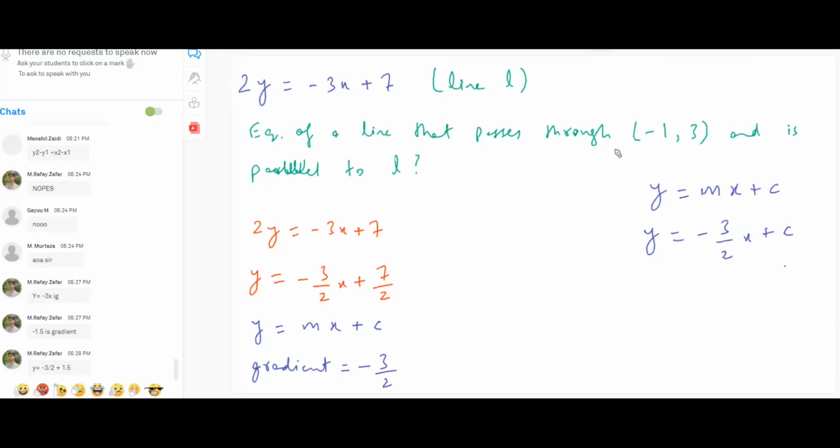ठीक है, अब हमें पता है कि ये दूसरी लाइन -1 और 3 से पास करती है। We put that point here, -1 and 3, and we use that to find the value of c.